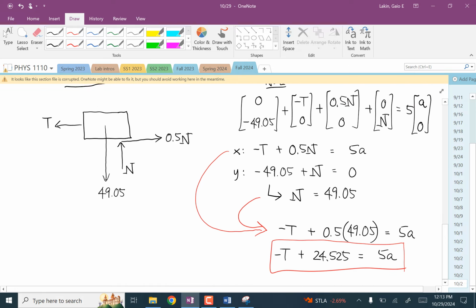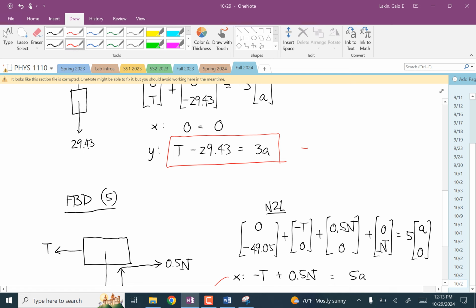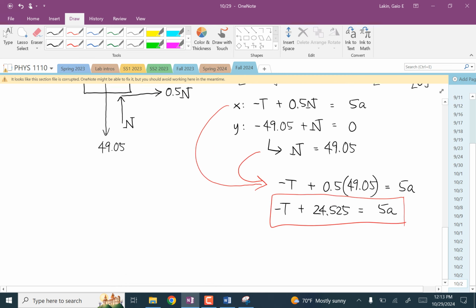Okay, well, what can we substitute? This equation up here I can rewrite as T is equal to 3a plus 29.43. And so I'll substitute that into this one.